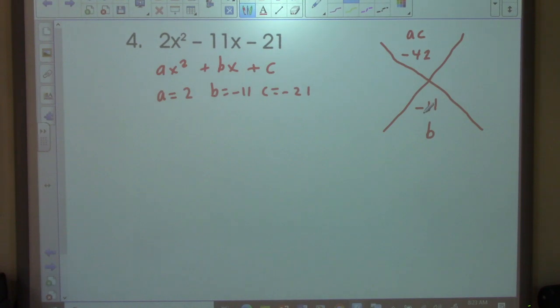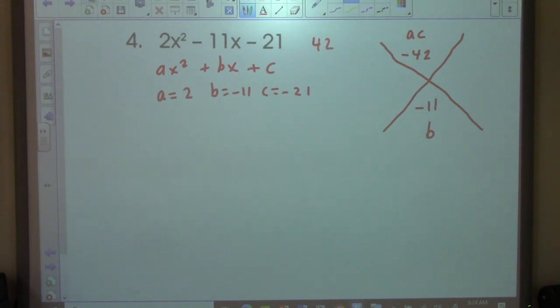You can look at 7 and 6, right? That's possible, but it's not going to work out because they wouldn't add up to negative 11. So what other factors do you have of 42? Well, 3 times what equals 42? 14, right?